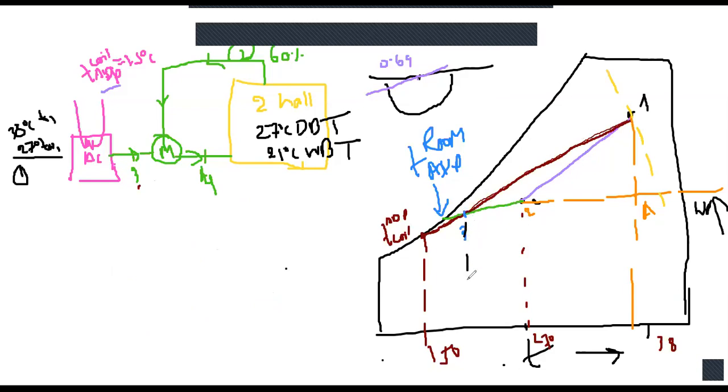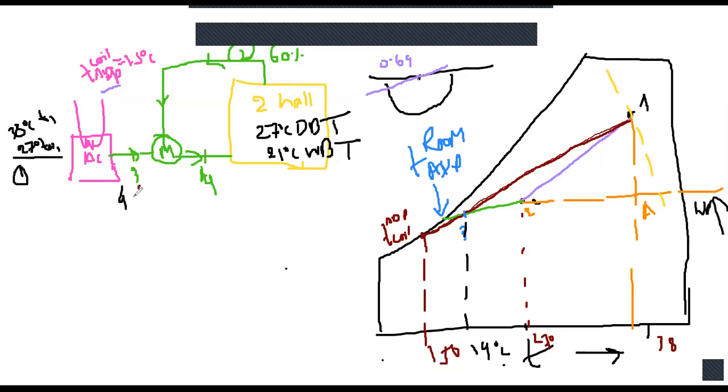Point 3 temperature is how much? Point 3 temperature is 19 degree. Okay, so first of all, 60% of used air mixes with point 3.